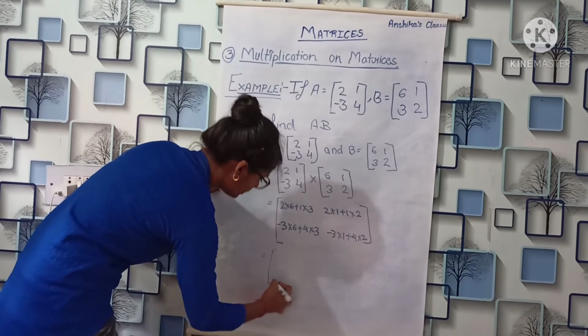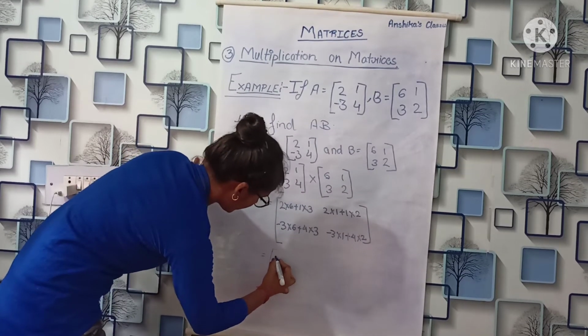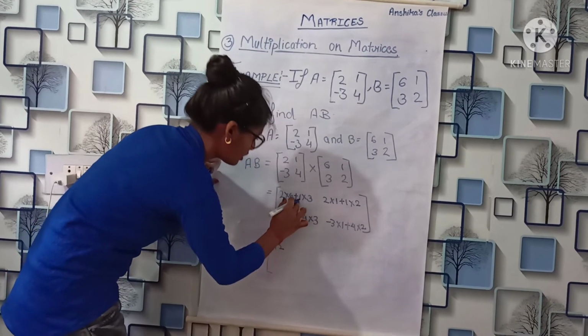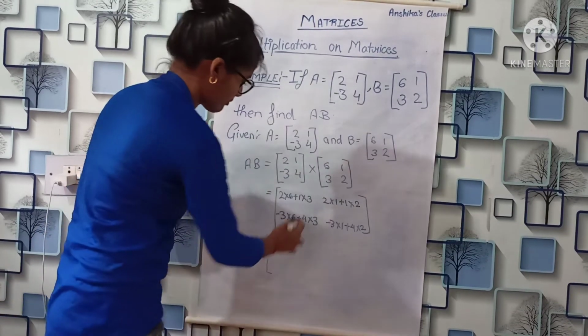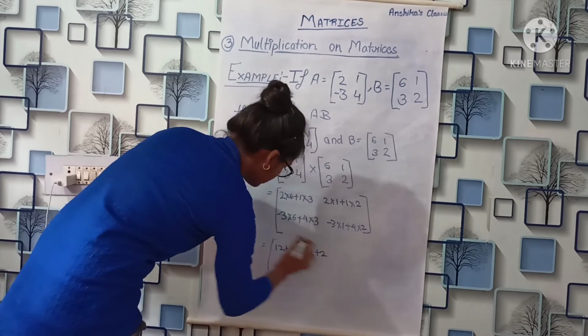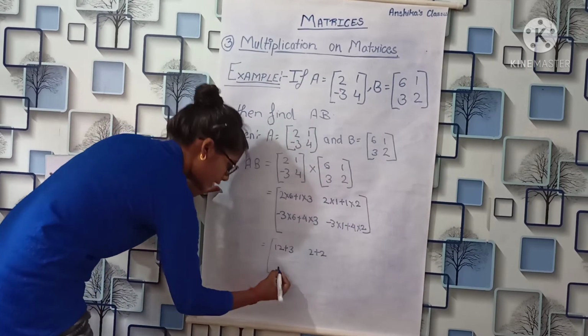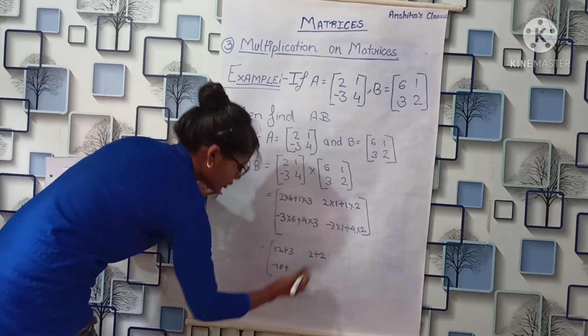Then solve. 2 multiply 6 is 12. 1 into 3 is 3. 2 multiply 1 is 2 plus 2. Minus 3 multiply 6 is minus 18 plus 4 into 3 is 12.